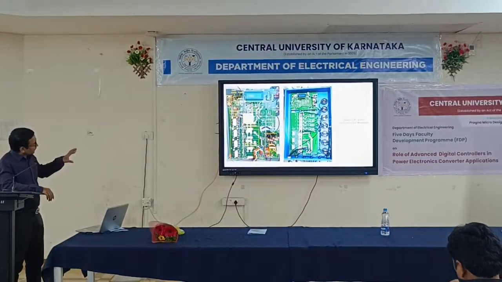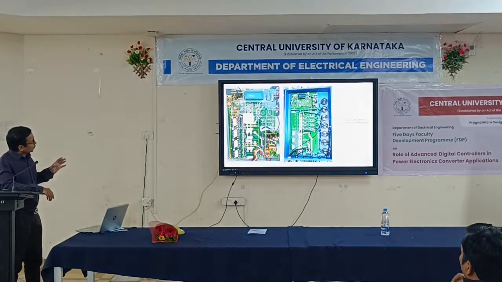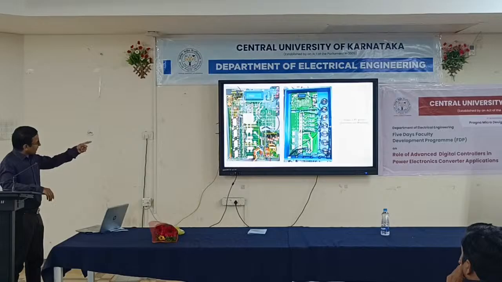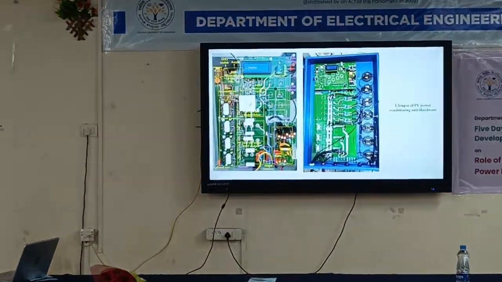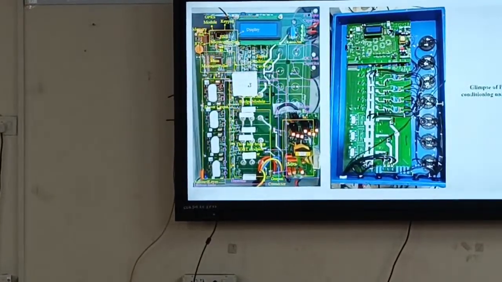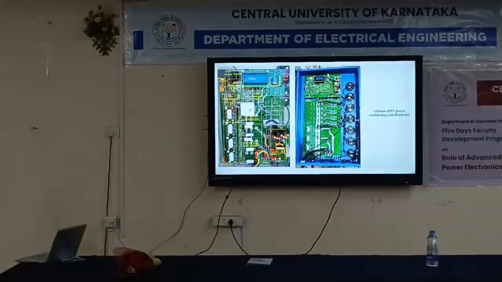And for this plant, we can refer to the power converters as the plant. To drive these power converter devices, we have the driver circuit. To get the feedback from the power converter, for example input voltage, output voltage, current, temperature, we use the signal conditioning circuit.